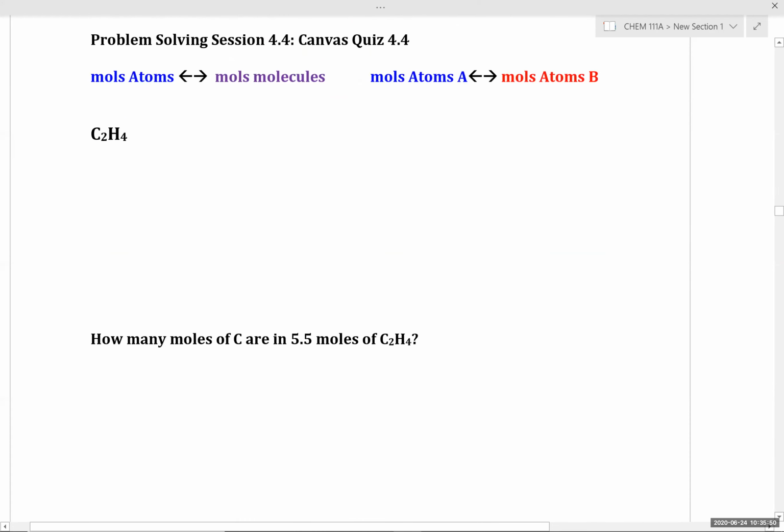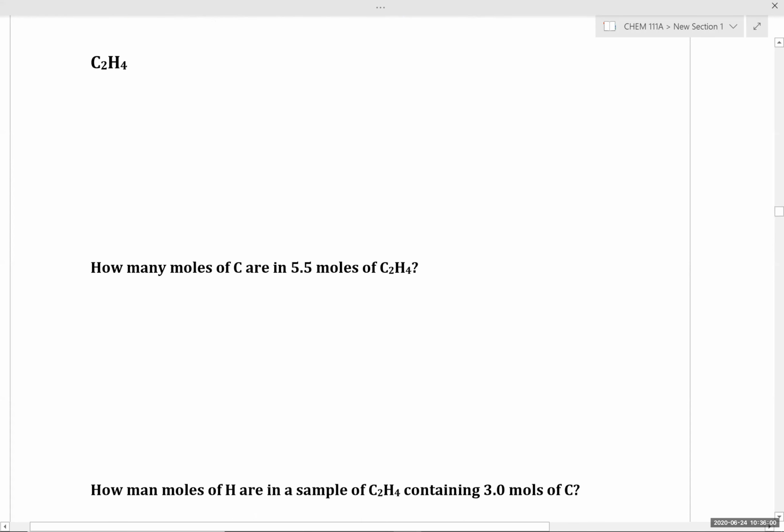In this case, you can submit your responses in the chat or via Canvas quiz 4.4. And I'd like you to, looking at the following formula, tell me how many moles of carbon are in 5.5 moles of C2H4. And then I'd like you to tell me how many moles of hydrogen are in a sample of C2H4 containing 3 moles of carbon.